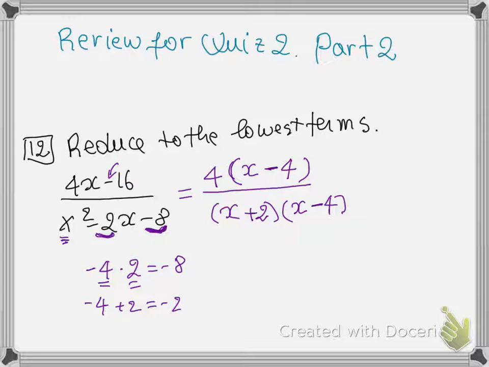So notice here that the numerator has an x minus 4 and the denominator has an x minus 4 as a factor. We cancel that out. Then we're left with 4 over x plus 2.